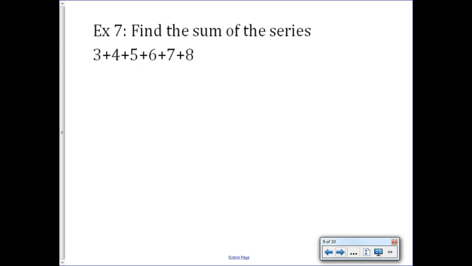Right, so find the sum of this series. So we just fill in the pieces. So we want to find the sum of how many terms? We have 6 terms there. So our n value is 6. So we use 6. Our first term is 3. Our last term is 8.